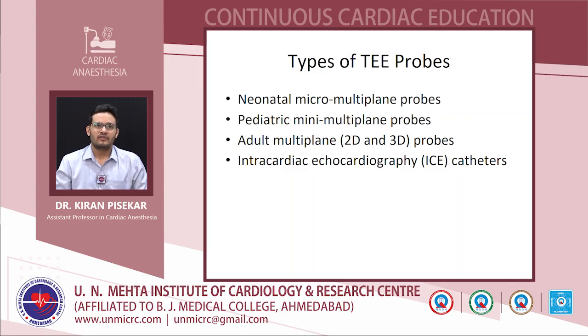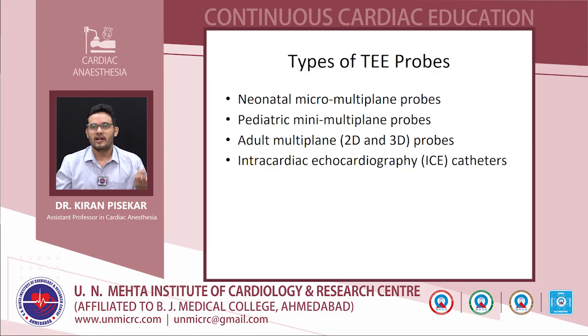So there are different types of TEE probe. Recently there are neonatal micro multiplane probes which are coming up. The types of TEE probe basically depend upon the number of elements present in the transducer. There can be around 32 to 2500 elements.